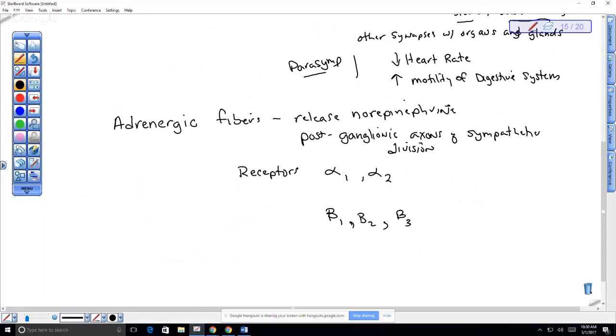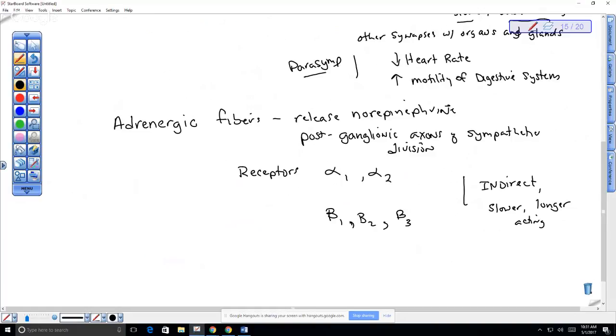And so these ones are indirect acting. When norepinephrine binds to them, it has to cause a secondary messenger, a cascade of events, to occur. So this is indirect, it is slower, but it is longer acting. That's because norepinephrine is not readily broken down in the synapse.